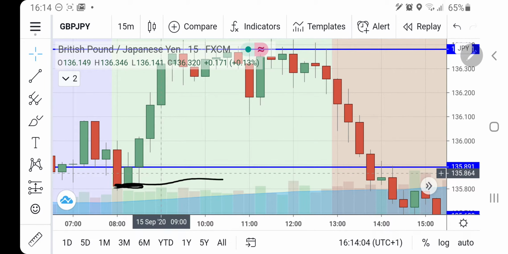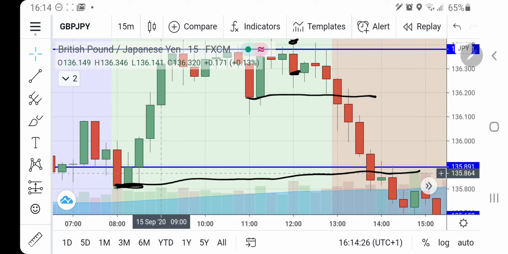My first target was here, and my entry was here with the stop just above. So what a trade, what a shame it was on demo and I didn't make any money, but yeah, I saw it, and it was a lovely trade.